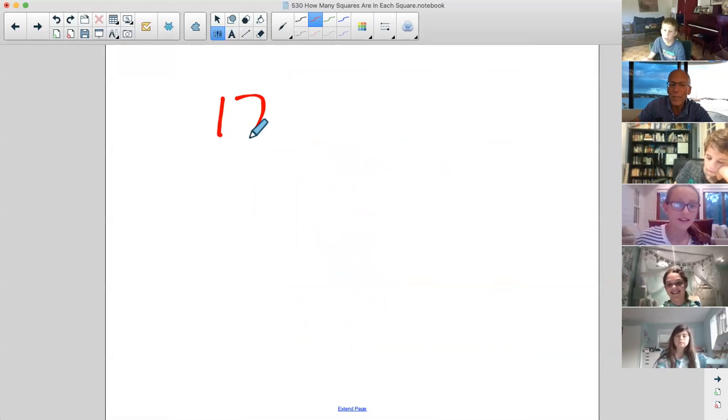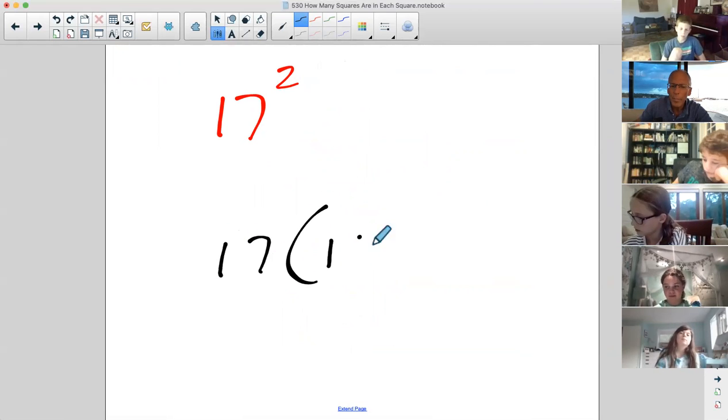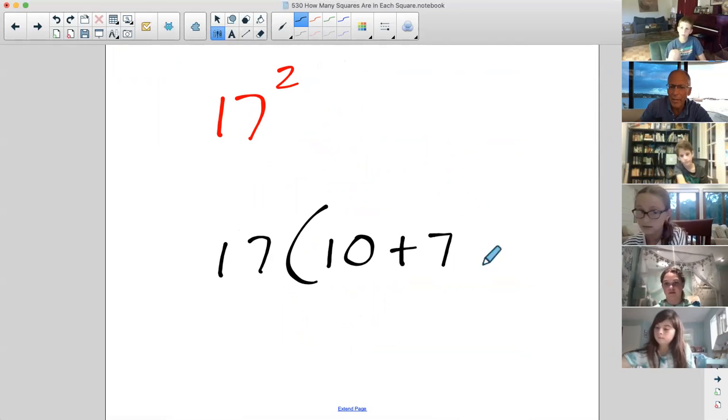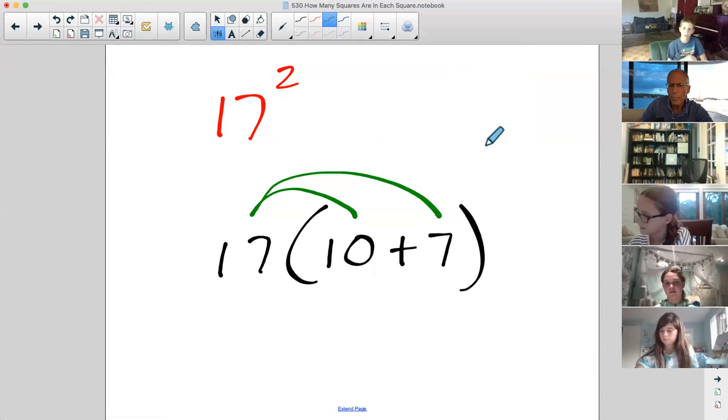Can you guys do 17 squared using the same method right now? And you can do it if you want by just 10 and 7. And you can send me a chat with your answer.